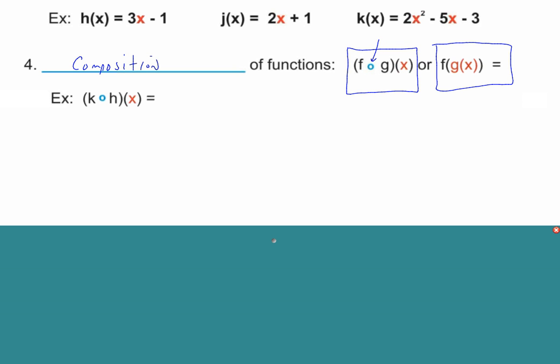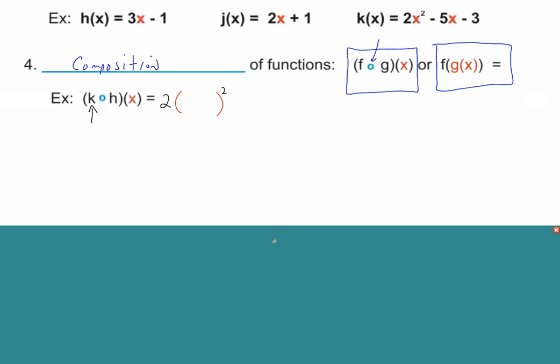Okay. What does it mean? How do you do composition? All right. Well, here's what you do. The order definitely matters. Notice the k function is listed first. So I need to take the k function, and everywhere the variable is in the k function, I'm going to put in a parentheses, and don't make it little. Notice mine is big.